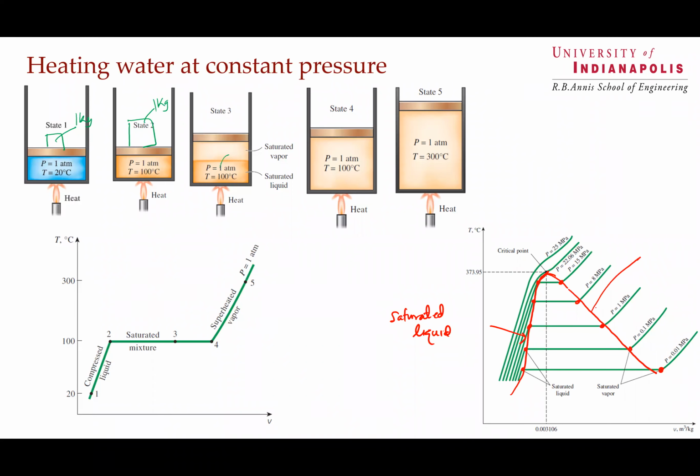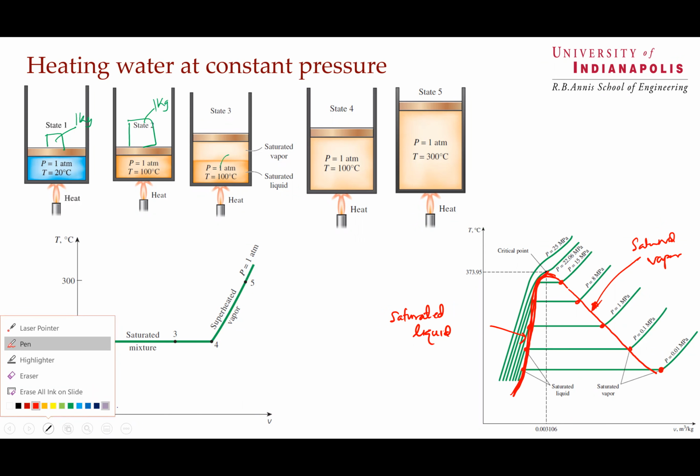So this line is called the saturated vapor line. All the points on this line are at the saturated vapor state. All the points on the left-hand side are at the saturated liquid state. Based on that, this red curve is called the vapor dome or vapor envelope.